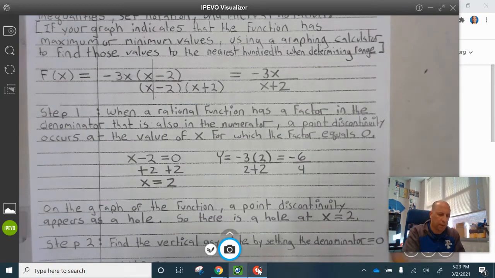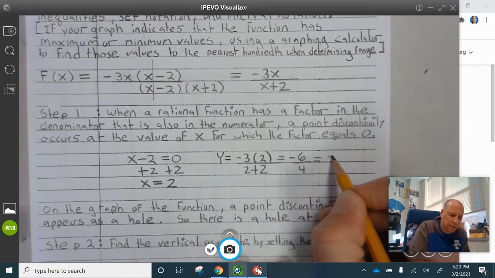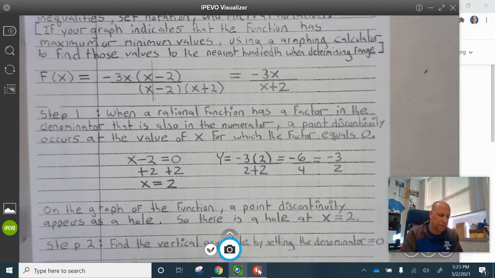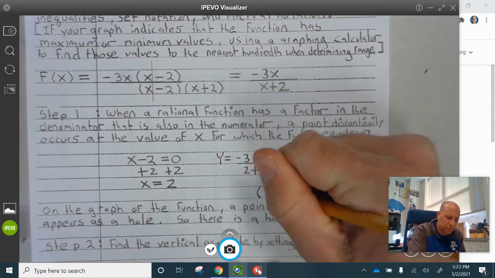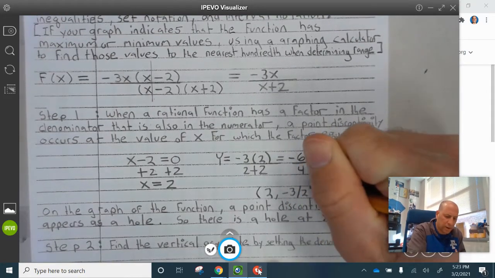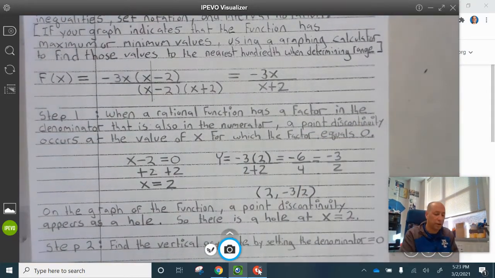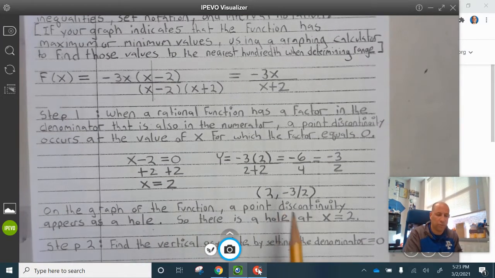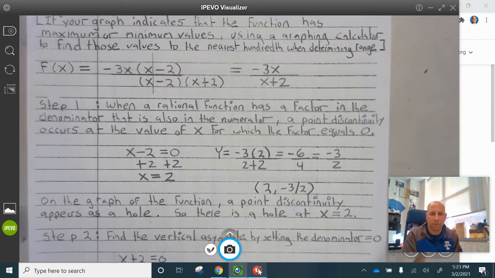Well, that reduces to -3 divided by 2. So your point of discontinuity is 2, comma, -3 divided by 2. I'll also say the hole is at 2, -3 divided by 2.